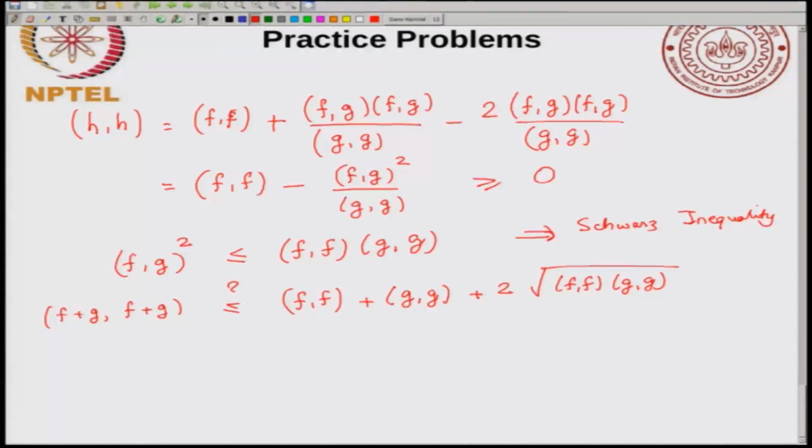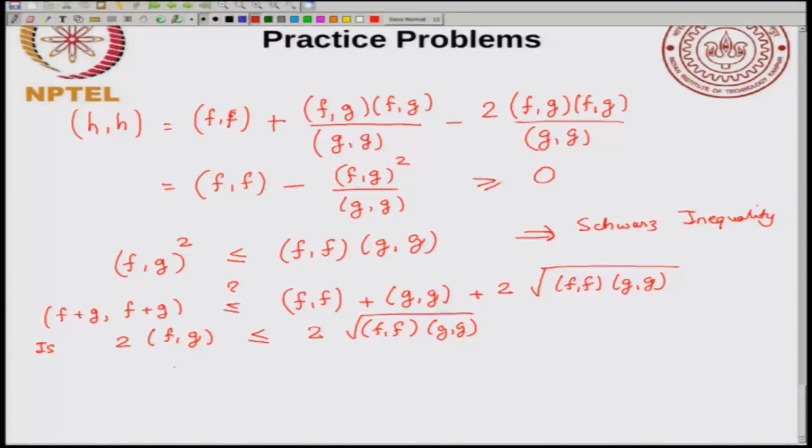Now again you can open this. If you expand the left hand side, you will get (f, f), (g, g), and twice (g, f). So what you have to prove is that twice (f, g) is less than or equal to twice the square root of (f, f)(g, g). If this is true, then you satisfy the triangle inequality.